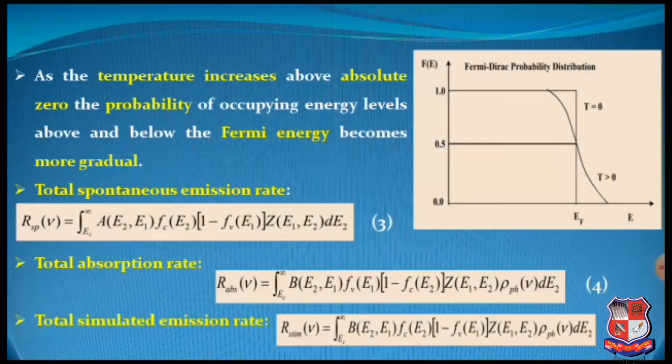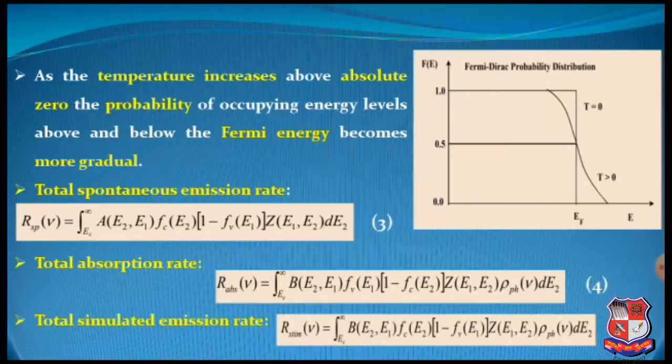Moreover, for the total absorption rate, remember here we have to identify three equations, one for stimulated absorption, one for stimulated emission, and the last one for spontaneous emission. So the total absorption rate, that is R_absorption(V), is equal to the integration from E_C to infinity of B(E2, E1). See in equations 3 and 4 how you have to identify the equation.